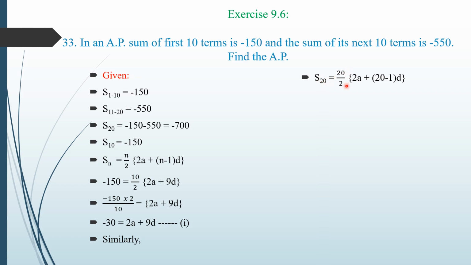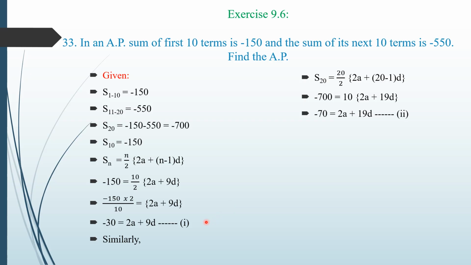So S20, which is minus 700, equals 20 by 2, that is 10, into the bracket 2a plus 20 minus 1, that is 19d. Further simplifying this, I'll take this 10 in the denominator. 700 by 10 is 70, and on the right hand side it is 2a plus 19d.